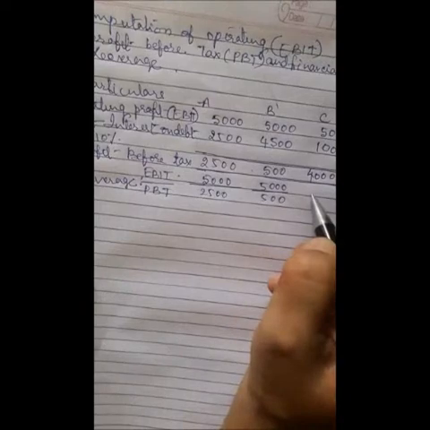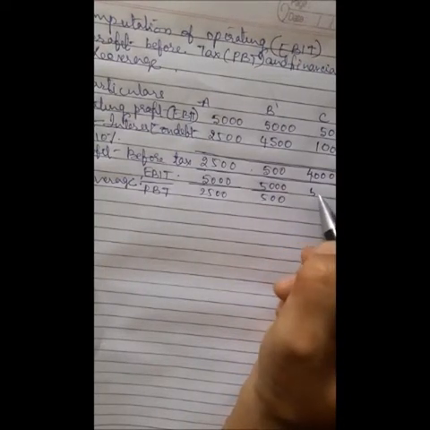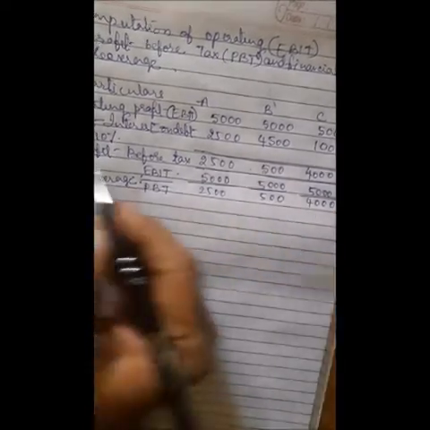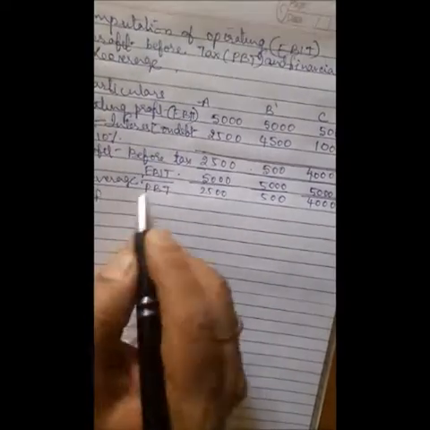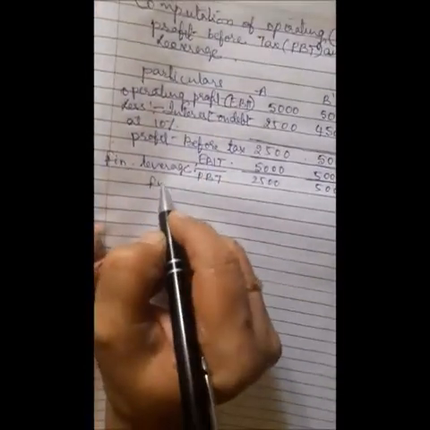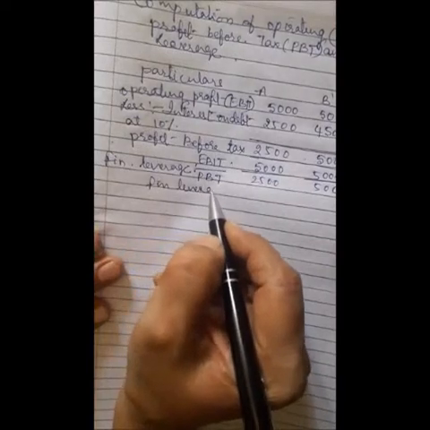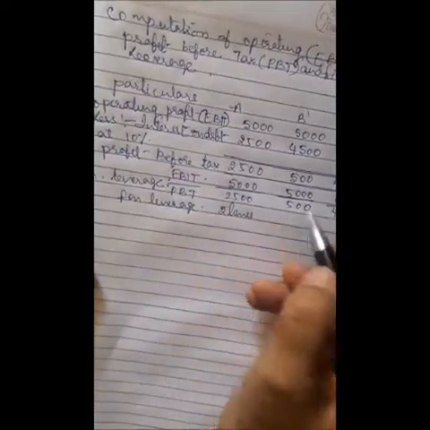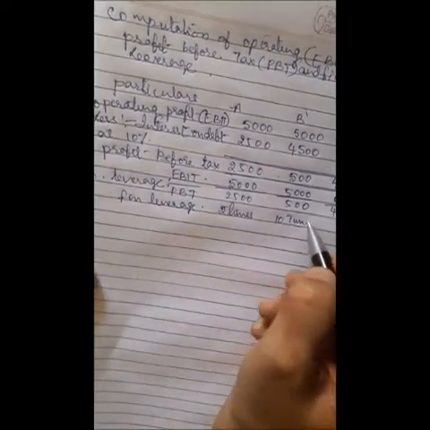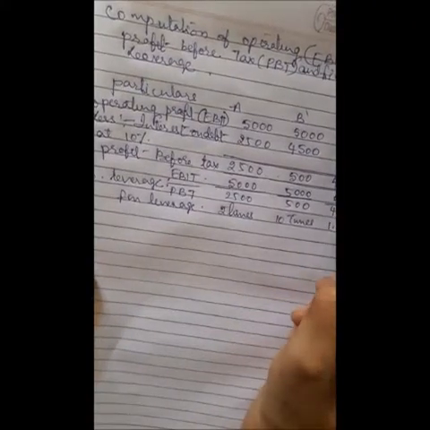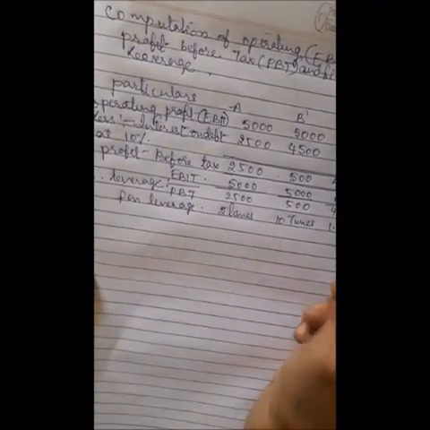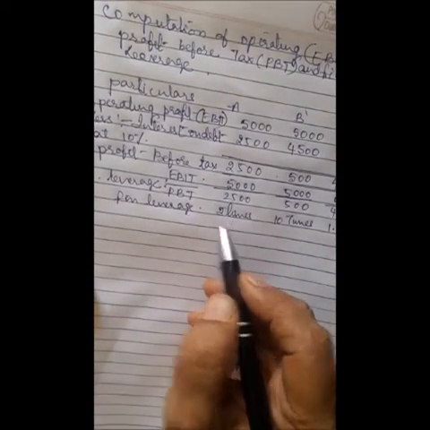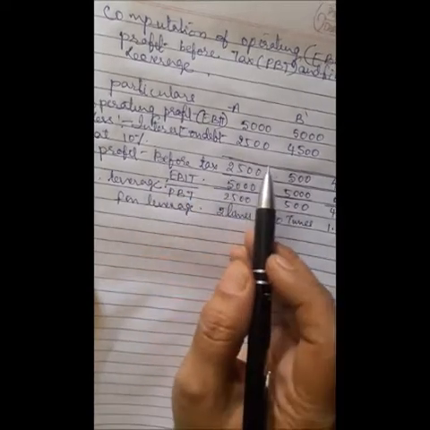And third case also EBIT is 5,000 and PBT is 4,000. Now it is the financial leverage. Financial leverage is, in first case it is 2 times, second case it is 10 times, third case it is 1.25 times.